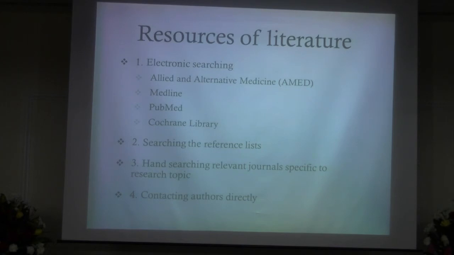You can just search all the contents of that journal, maybe you will find the articles that you need. Or contacting the authors themselves directly. You know, they wrote this article, and then you can ask them, so what was your reference? Where did you read this about? What guidelines, what advice would you give?